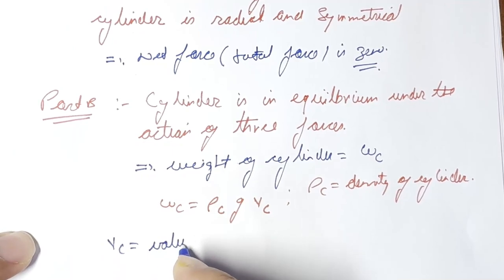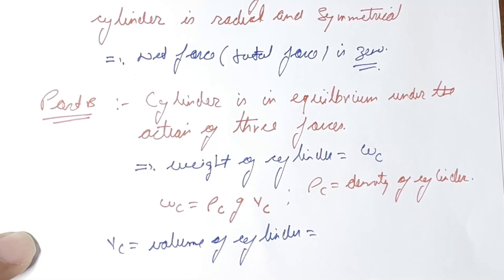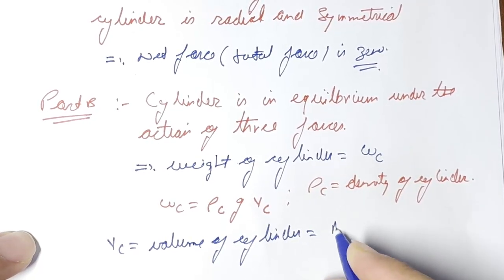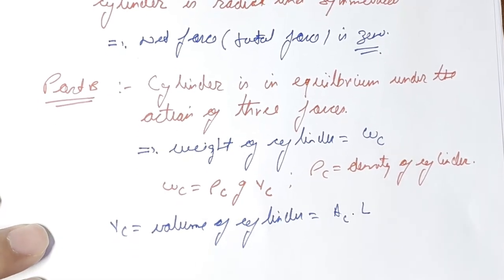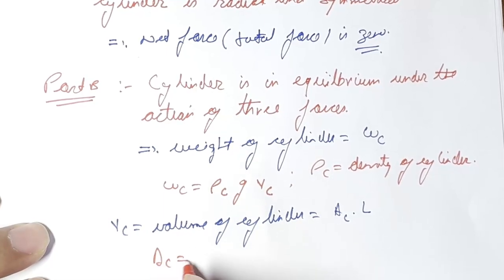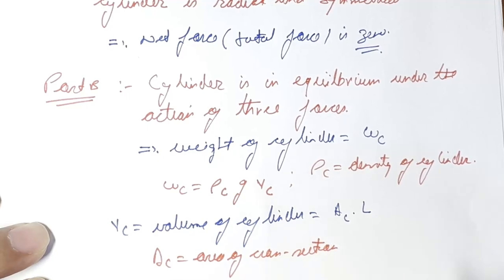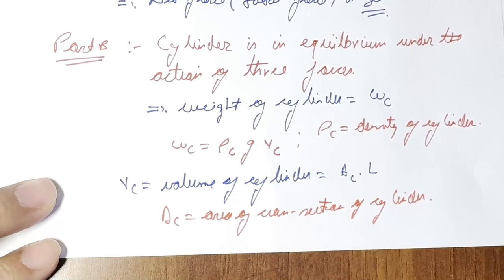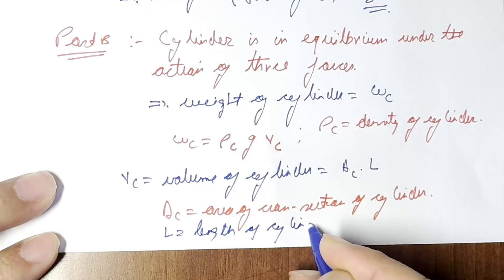That volume of the cylinder will be equal to AC, the area of cross section of the cylinder, multiplied by L, where L is the length of the cylinder.